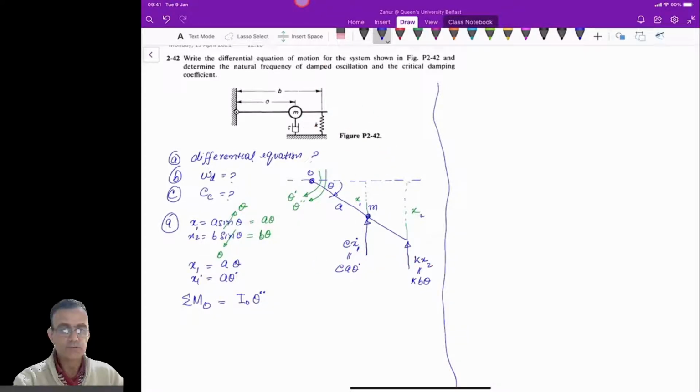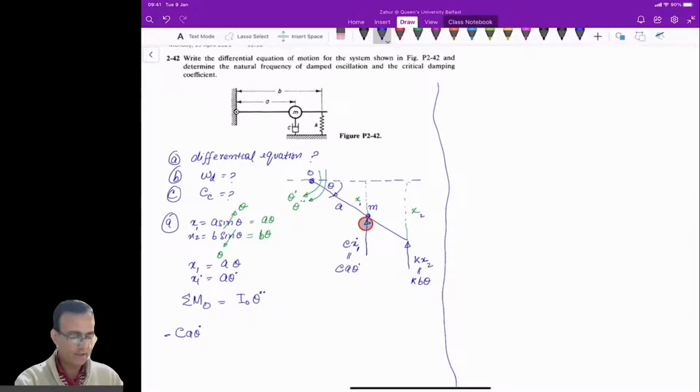So what will happen is that the force here is C a theta dot, and the minus sign is because it's opposite to the theta double dot. And then you need to multiply with the moment arm.